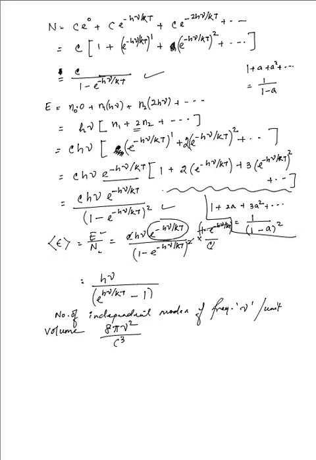So the radiant energy will be, now the radiant energy that we have been discussing, that is u nu d nu, u as a function of frequency in the frequency range nu to nu plus d nu, is equal to the average energy multiplied with the number of independent modes per unit volume in the range nu to nu plus d nu.